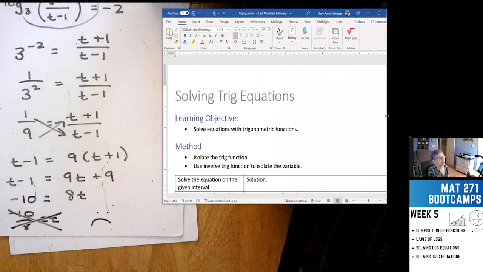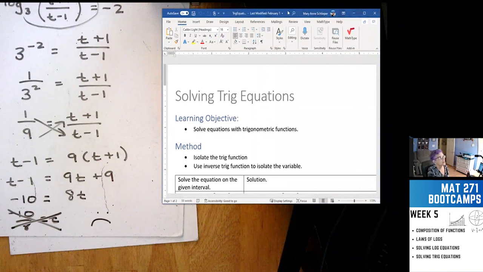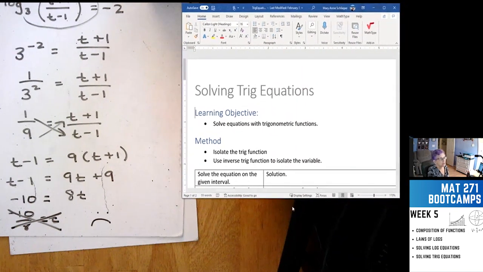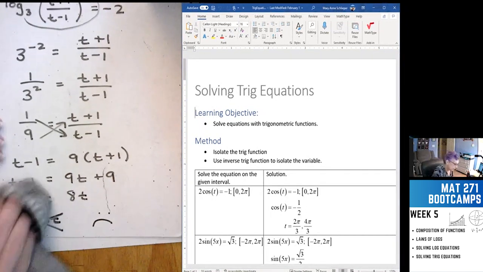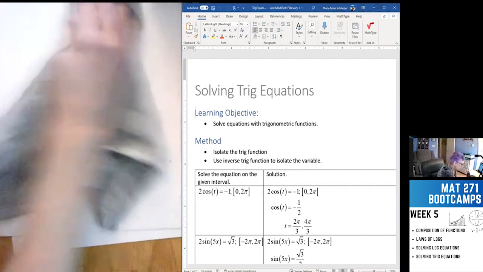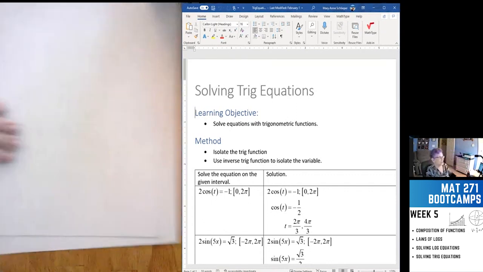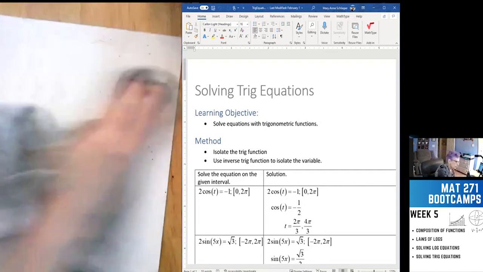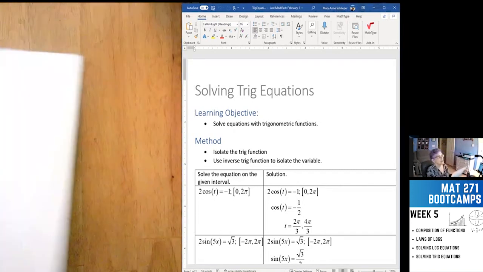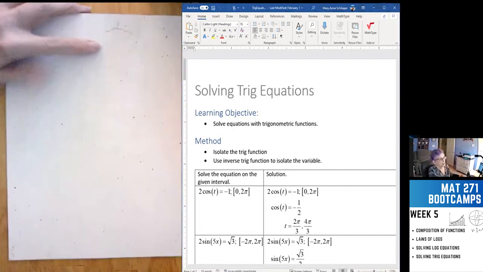And again, this is going to come up because you're going to be asked to figure out where a function has horizontal tangent lines, or where the slope of the function is equal to the slope of a certain line or another certain function. And you'll have to take the derivative and set it equal to a number.